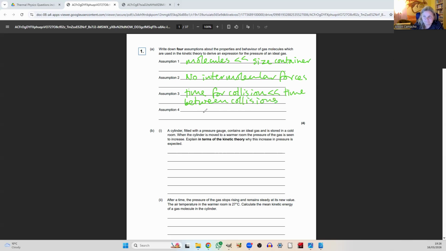Good. And would another one be that they all follow Newtonian laws of motion? It's not normally an assumption. Maybe all the molecules are the same size. Again, not normally included in the list of assumptions.